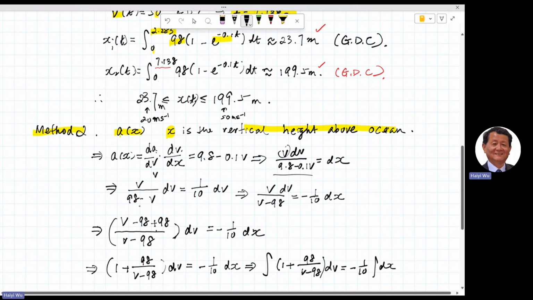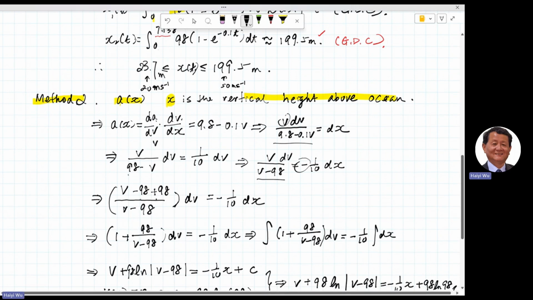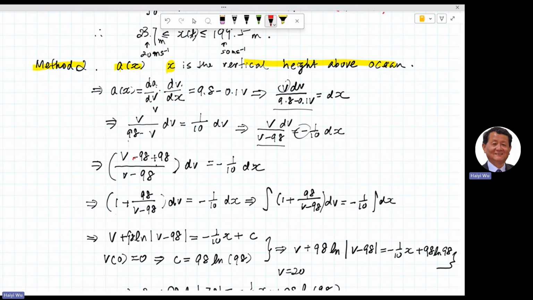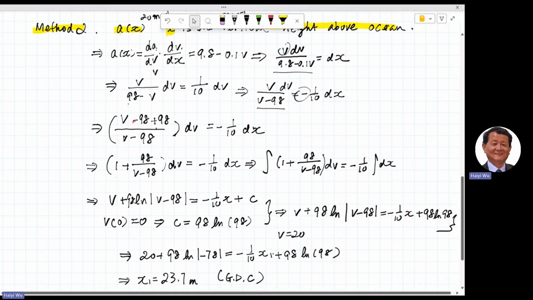Then I'm going to times by 10 both sides. Then I'll switch, instead of 98 minus V, to V minus 98, so I'll change to negative. Then I'll do the fraction. I need to make a minus 98 and then plus 98. So the left-hand side becomes two fractions: 1 plus 98 divided by V minus 98. That makes the integration easier. Now I'm going to integrate both sides.